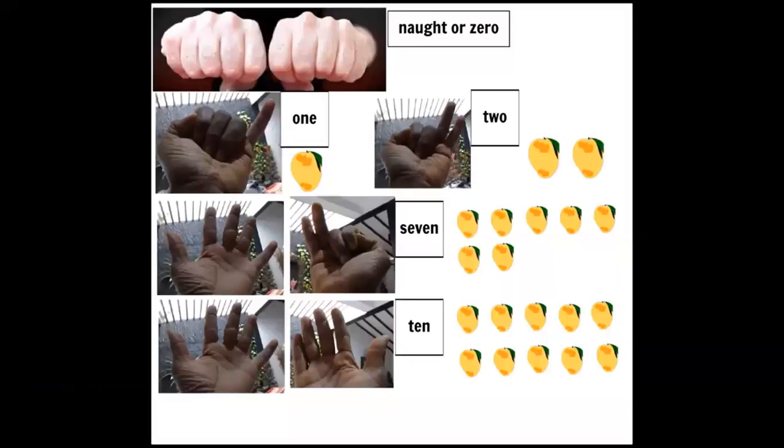Now he faced a new problem. How was he going to keep a count of more than 10 mangoes? He thought for a while and realized that if he closed all the fingers, he could start counting another 10. He found it easy to count the ones or the units, but it was difficult to remember how many tens he counted.